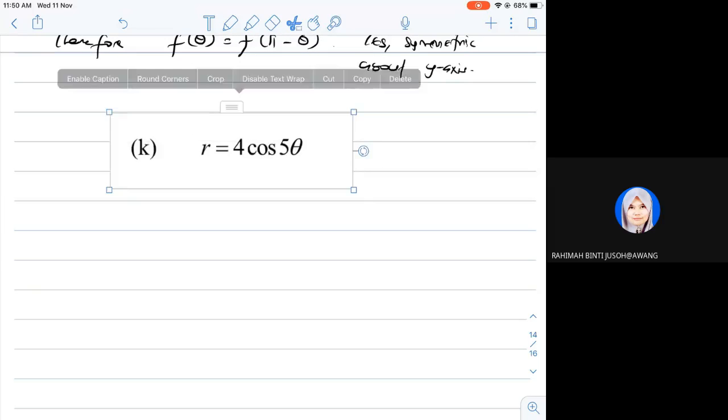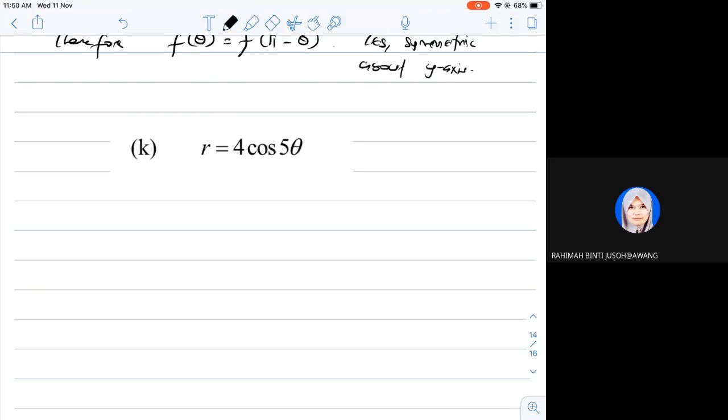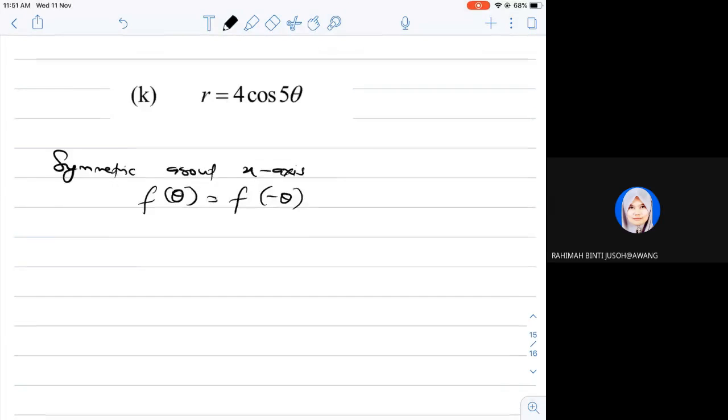Okay, symmetric about x axis. X axis is f theta. You kena showkan dia sama dengan f negative theta. Alright?